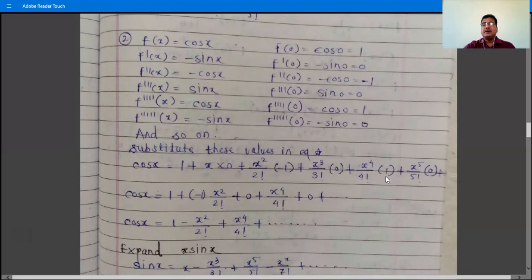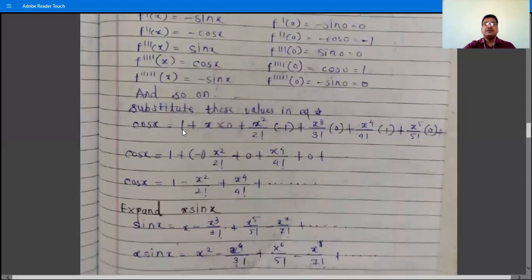Then x raised to 4 by 4 factorial times f raised to 4 of 0, which is 1, plus x raised to 5 by 5 factorial times f raised to 5 of 0, which is 0. Then plus x raised to 6 by 6 factorial times f raised to 6 of 0, which is minus 1, and so on.